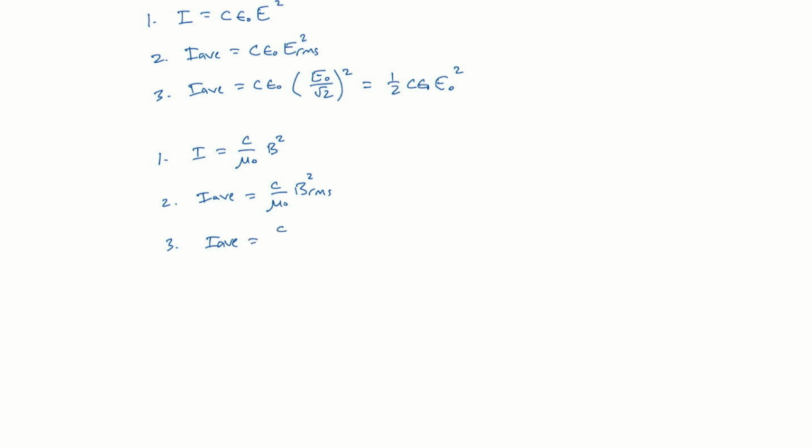And we find it is C over mu 0. We'll substitute for B_RMS with peak over the square root of 2. We square that, and so we get C over 2 mu 0 times B naught squared.